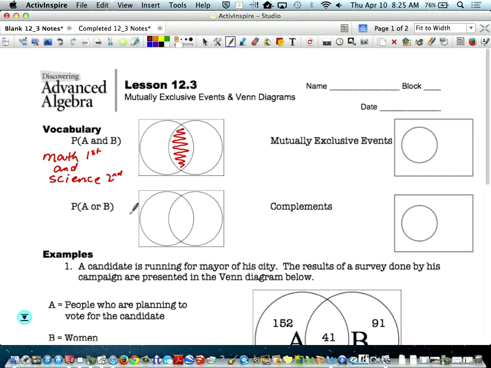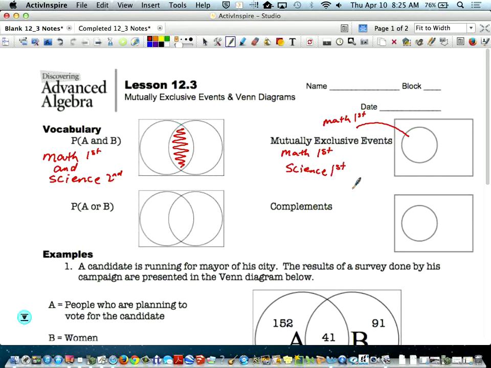Mutually exclusive events then would be, can you take math first block and science first block? So maybe the circle then represents all the students taking math first block. When we talk about a mutually exclusive event, can you also be taking science?